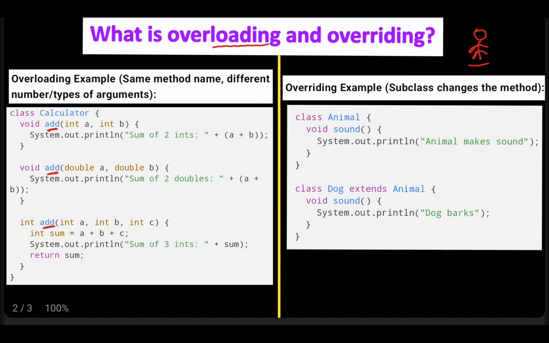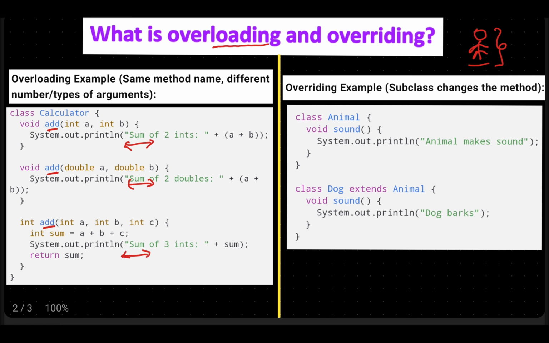But even though humans in the real world have the same name, they differ in their properties. Similarly, in overloading, methods may have the same name, but still they differ in their properties or method definitions.